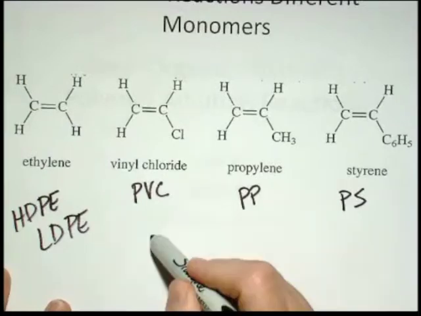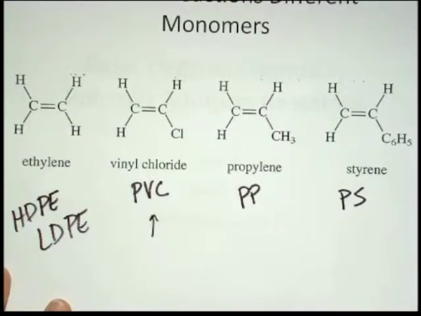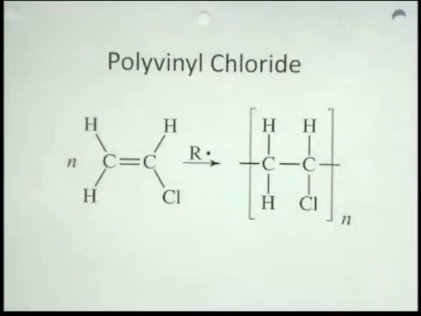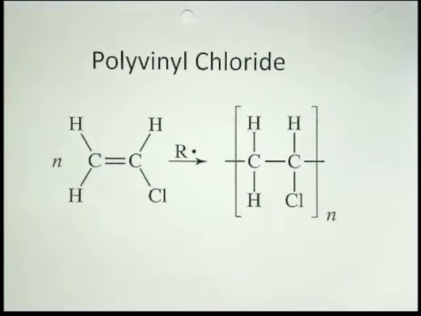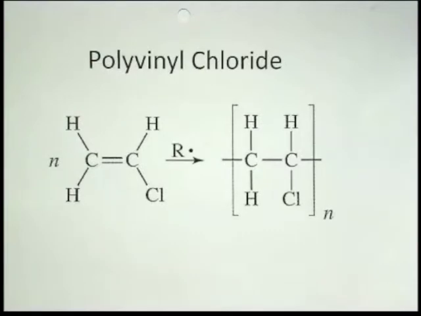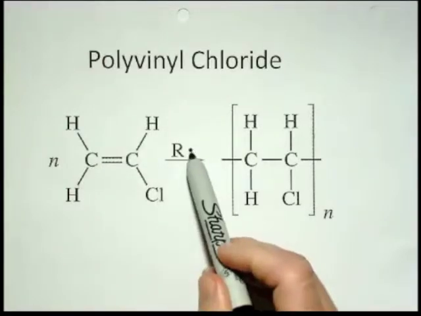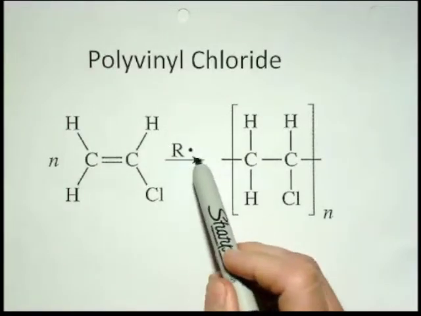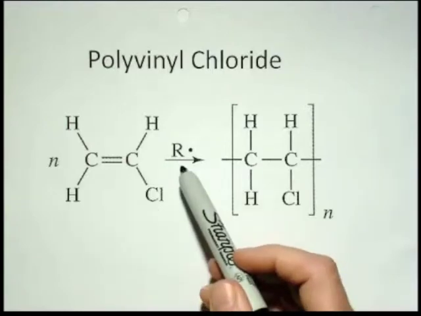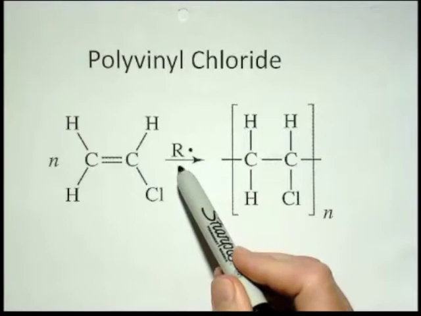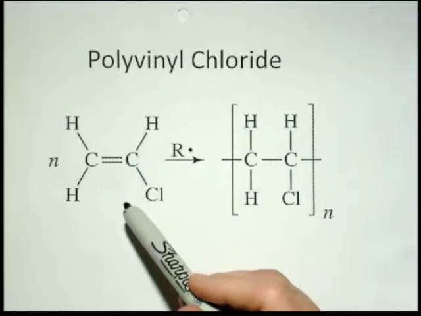So let's take a closer look at the addition reaction for polyvinyl chloride. It looks very much like the addition reaction for polyethylene. In this case, we have N number of monomer units. We've added an initiator. In this case, they put it over the arrow instead of making it a reactant. Sometimes that's done because it's such a small amount of the initiator compared to the actual amount of monomer.